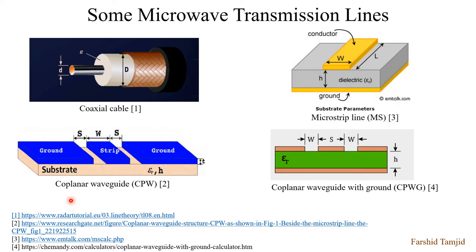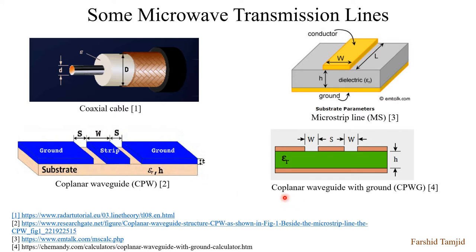The other structure is the coplanar waveguide. You see, this is our substrate with a height h and epsilon r. We have one ground here, a strip line here, and another ground here. The spacing between these and the width of the strip line, and also h, of course, and epsilon r, define the impedance and the phase of this structure.